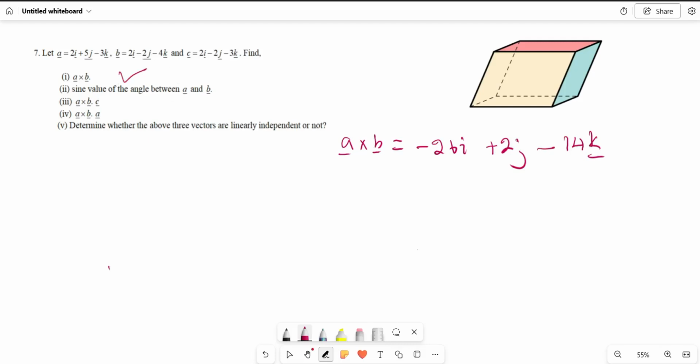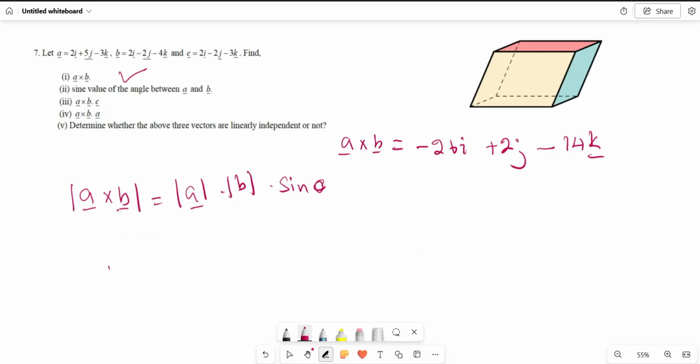Then the sine value. I told that the sine value is obtained by the cross product. So how do you define this one? It is like this way. A cross B magnitude equals mod of A, mod of B, sine theta.